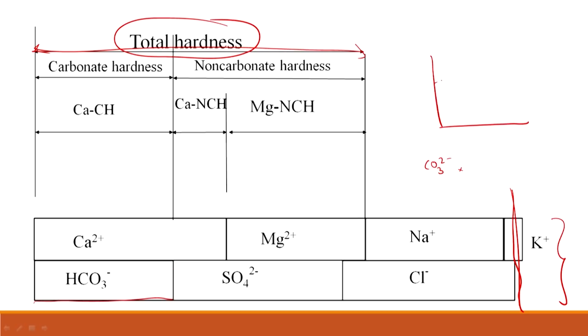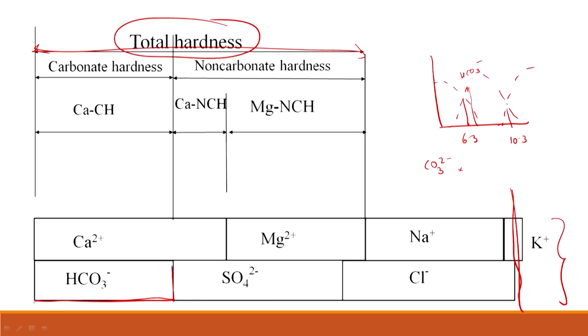You have the speciation diagram, and if pK2 is 10.3 here and pK1 is 6.3, and the pH is 7.2, you will be somewhere out here, and you will not have any CO3 2 minus, but most of it will be in terms of HCO3 minus. So, that is one reason why we do not have any CO3 2 minus here. So, HCO3 minus and the other anions.